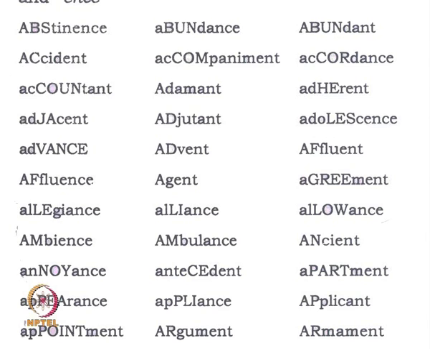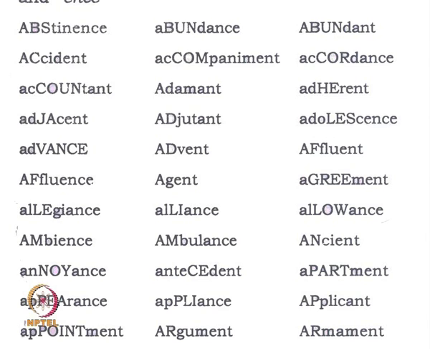Adolescent, adolescence. No, it is adolescence. Go on. Advance, advent. No, advent. Affluent, affluence, agent, agreement, elegance, allegiance.